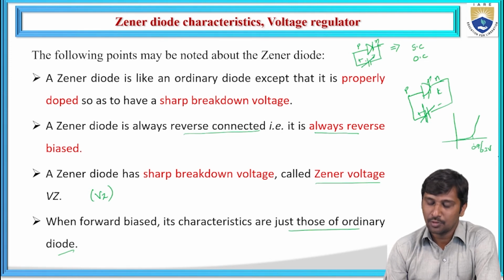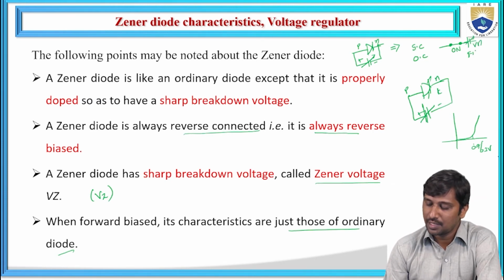So when P is connected to the positive pole of the battery and N is connected to the negative pole of the battery, this diode is replaced with the equivalent circuit, a short circuit. At this point, the state is represented as the on state, along with its cut-in voltage, when the diode is forward biased.